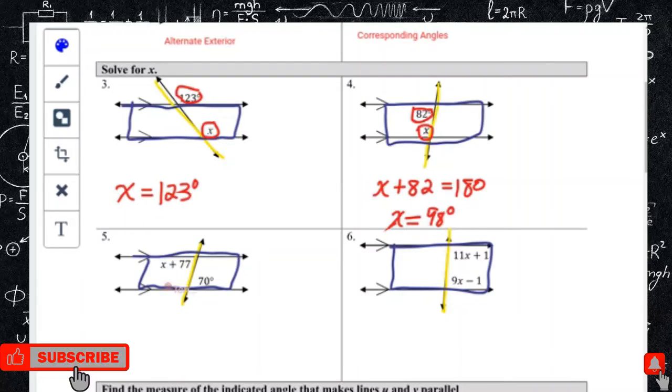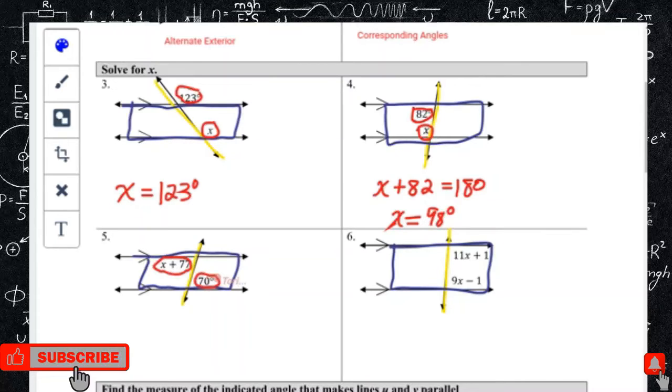Okay, number 5, making our angles stick out. We have x plus 77, and then we also have 70 degrees. Notice they're both in the interior, but they're on alternating sides of the transversal and in alternating positions. So one is at the top, one is at the bottom.